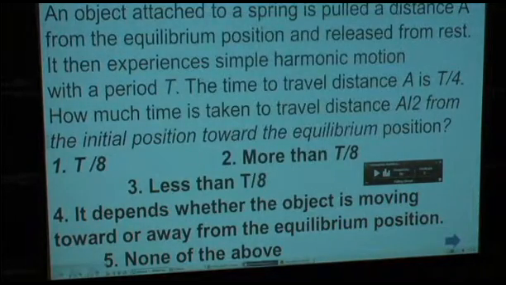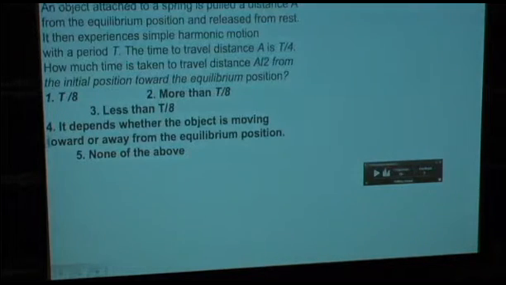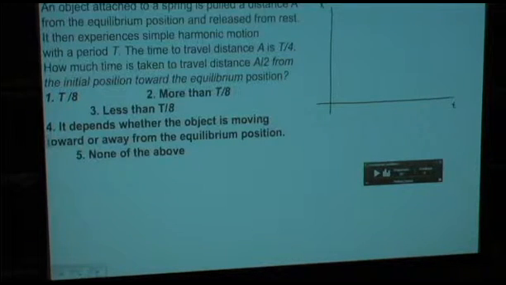We can solve this problem using different ways of thinking, different approaches. And first, without doing any calculation, we can use a graph. Position, time.